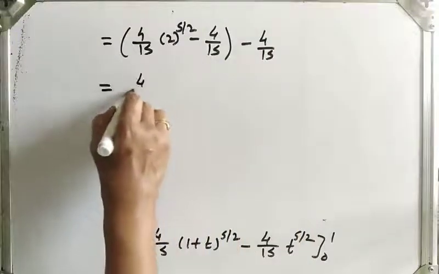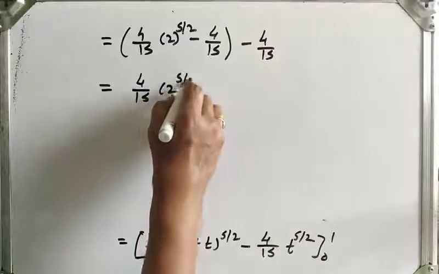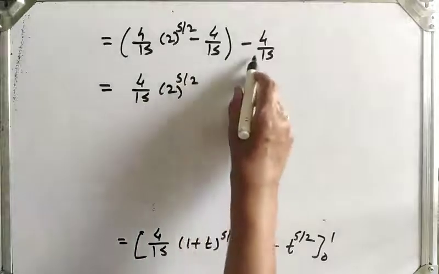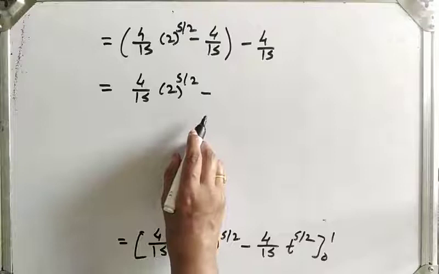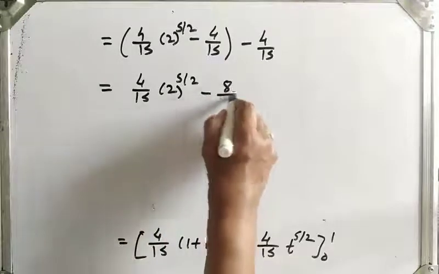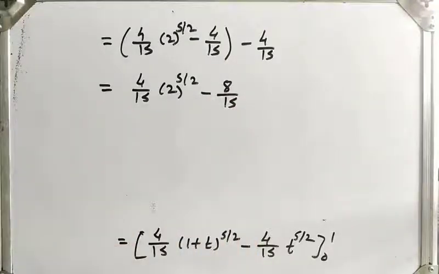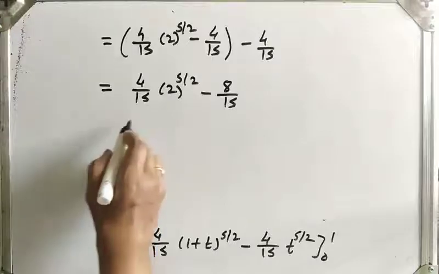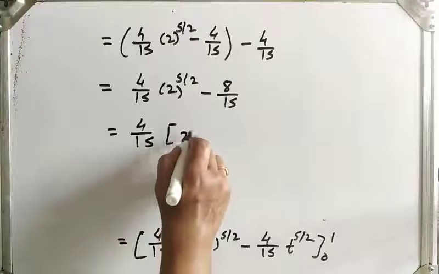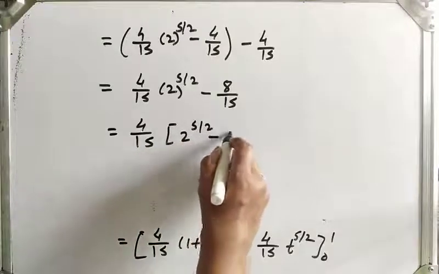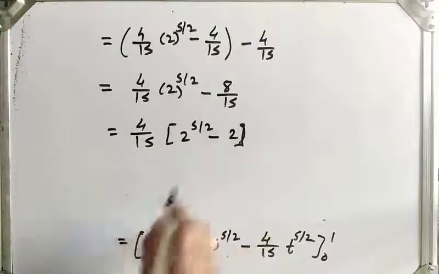So our answer is 4 by 15 times 2 raised to 5 by 2, minus 4 by 15 minus 4 by 15, that will be minus 2 into 4 by 15, that is 8 by 15. We can take 4 by 15 common also, so in bracket there will be 2 raised to 5 by 2 minus 2. This is our answer.